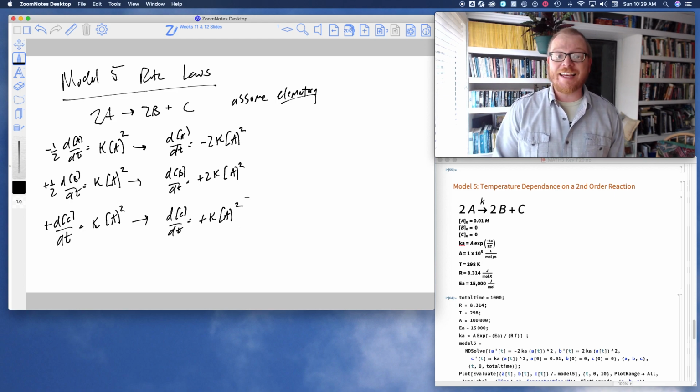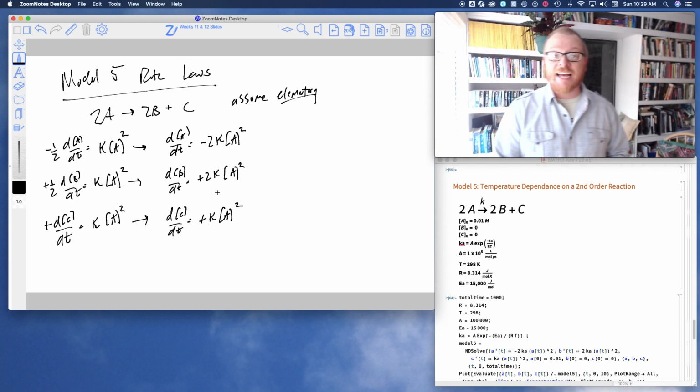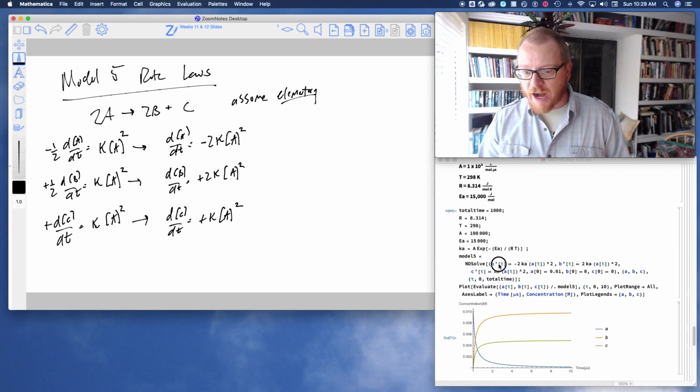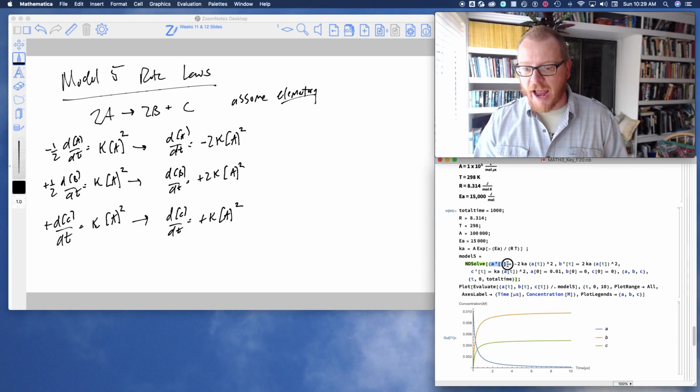So what we can see is A and B will be produced at a rate that's twice as great as C. And that's what I did right here in my model, in the NDSolve portion of my model. Look, there's A prime of t equals negative 2 K A squared. B prime equals 2 times K times A squared.